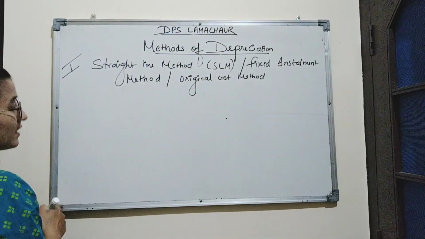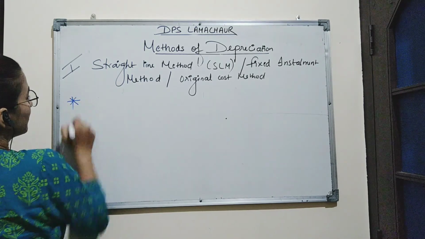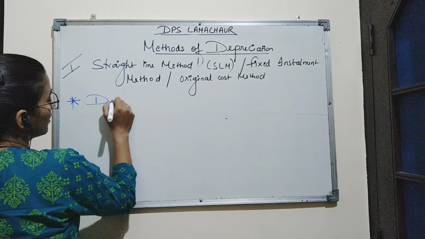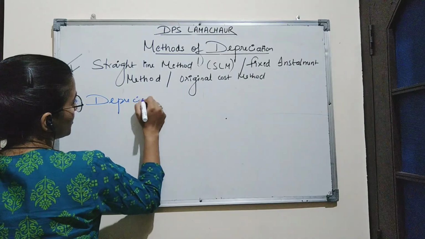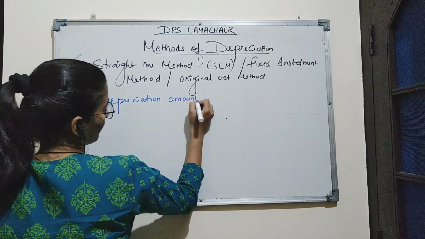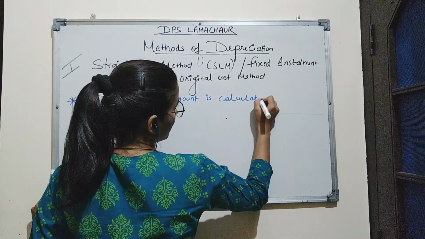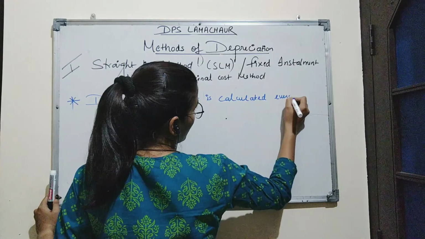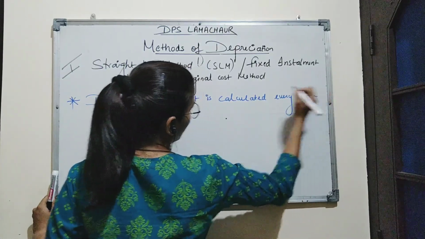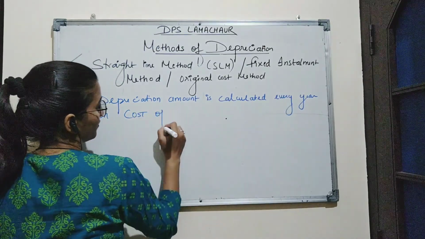Now, in this method, depreciation amount is calculated every year on cost of asset.